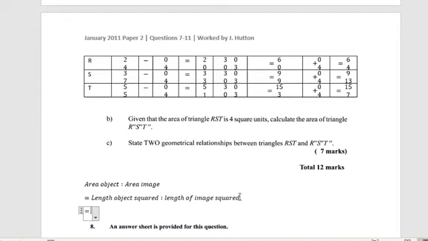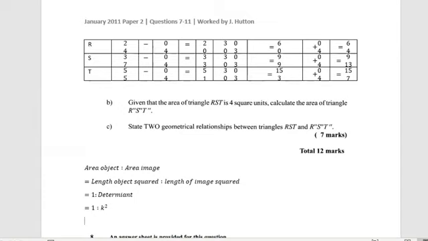Or we can do this also by saying 1 to the determinant. So that's the determinant of the matrix. Or the final method, it can be 1 to k squared, where k is the scale factor. So what we're going to use is the method of 1 to the determinant.